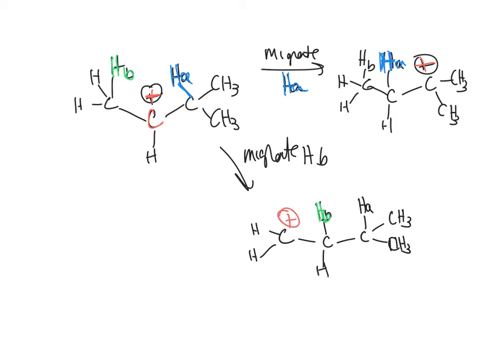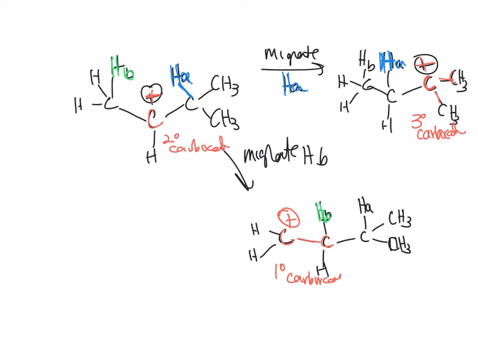Now we want to classify this. So this carbon, the carbocation, is bonded to 1, 2, 3 carbons. So that's a tertiary carbocation. Okay, this carbocation's bonded to 1. That's a primary carbocation. And I always do this one. This one's a secondary carbocation.